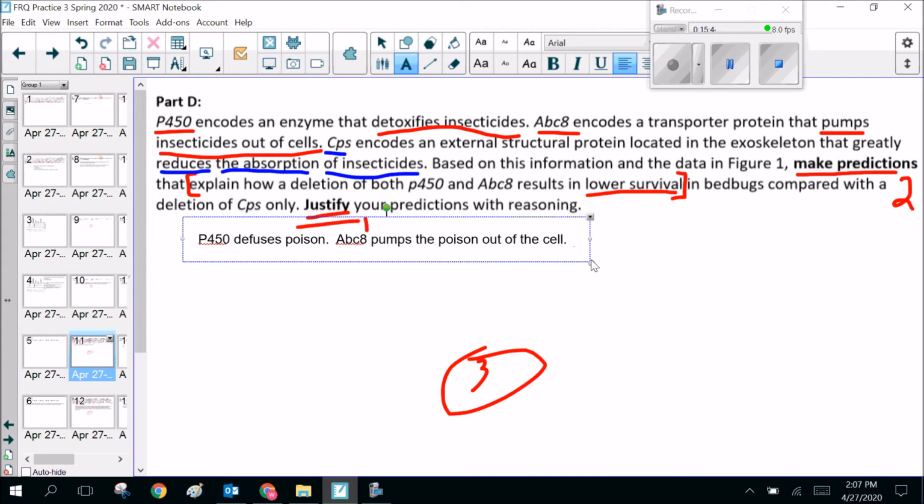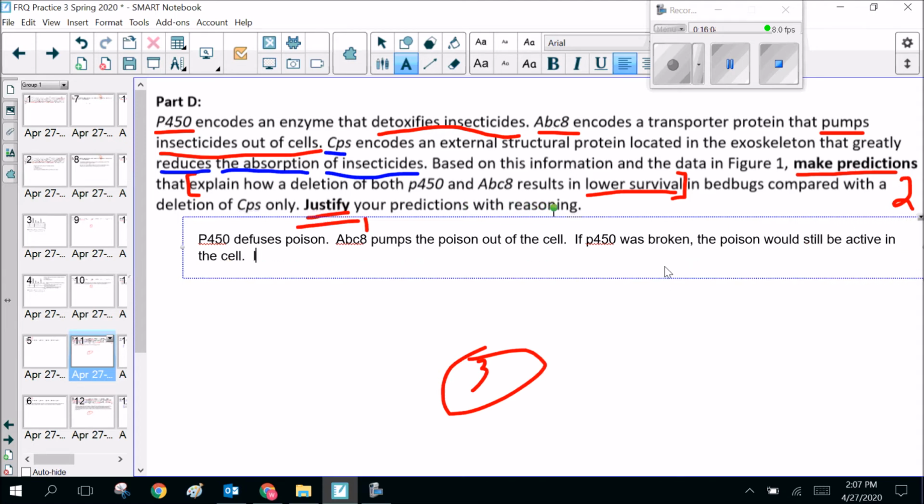Well, I'm going to say, okay, what would happen if P450 was broken? If P450 was broken, poison would still be active in the cell, so it's dangerous. Okay, if ABC8 was broken, the cell would be unable to pump the active poison out of the cell.